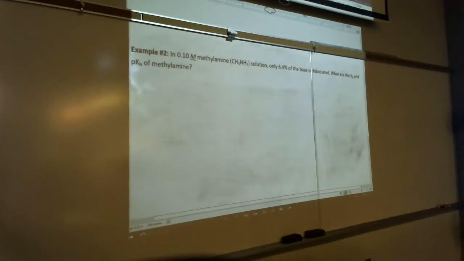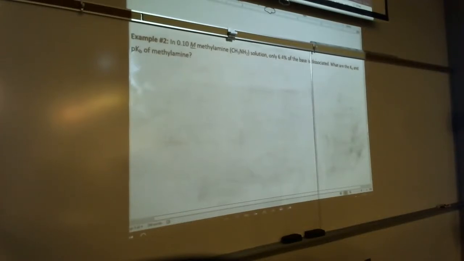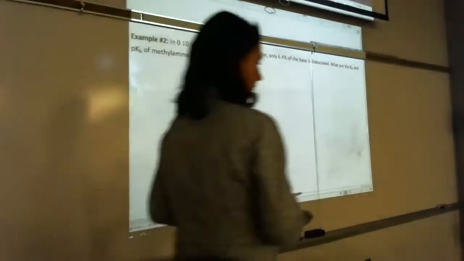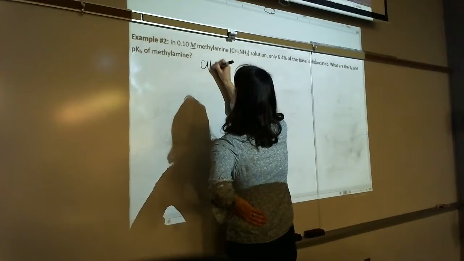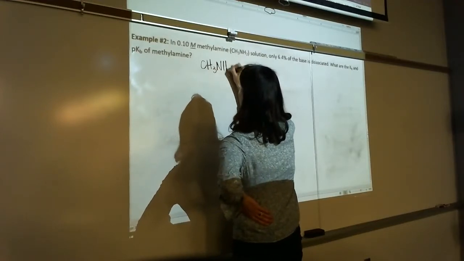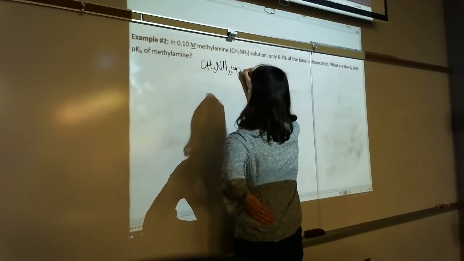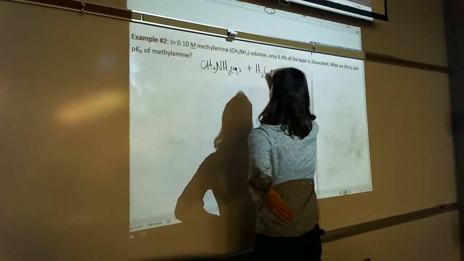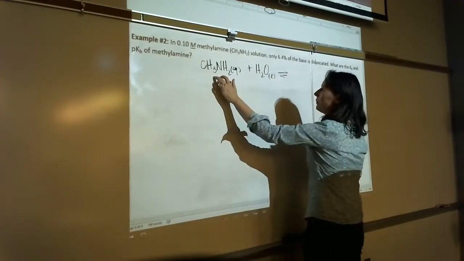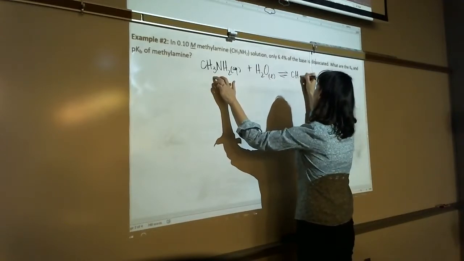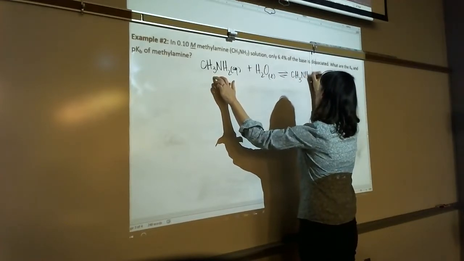So let's go through and work backwards. So we've got methylamine, so that's CH3NH2 plus H2O. What is this going to become? CH3NH3 plus.